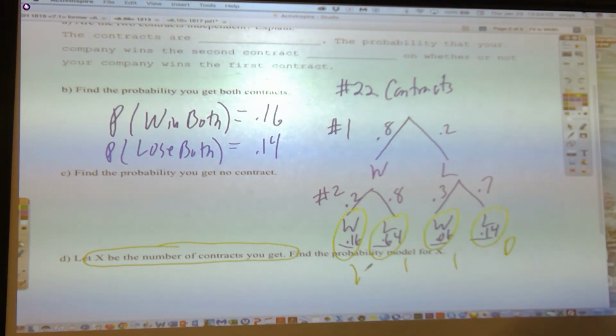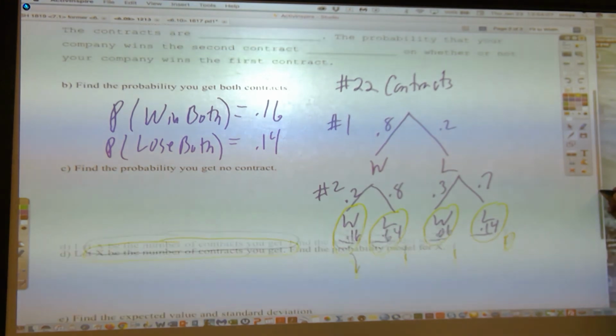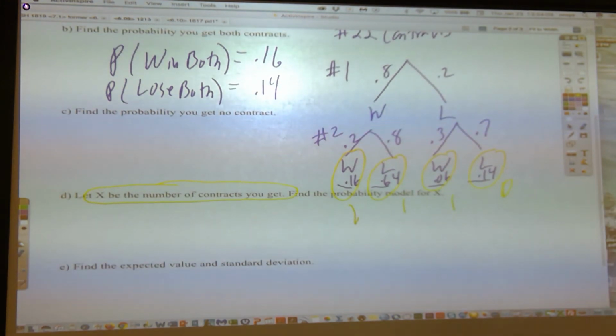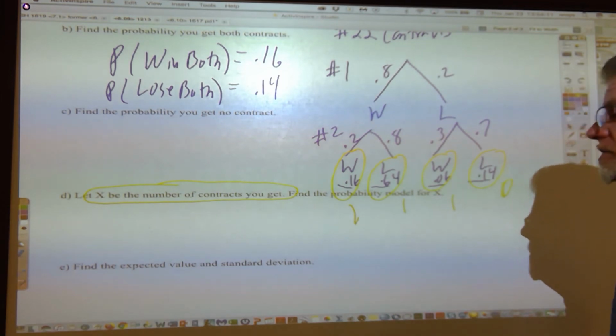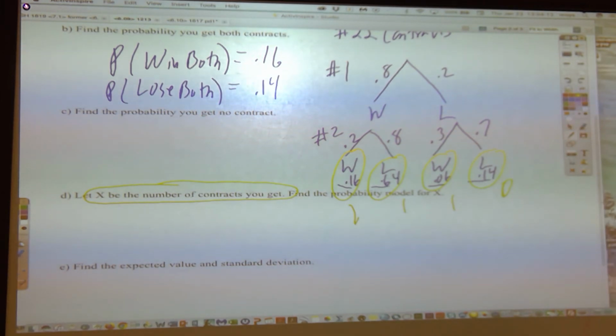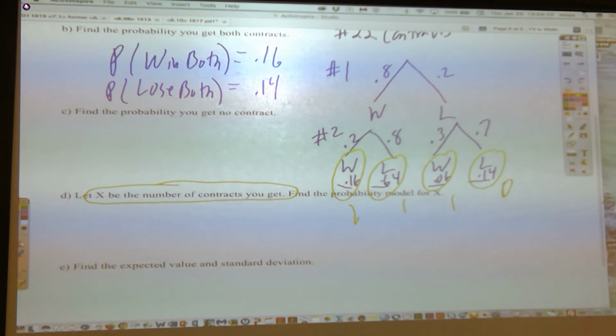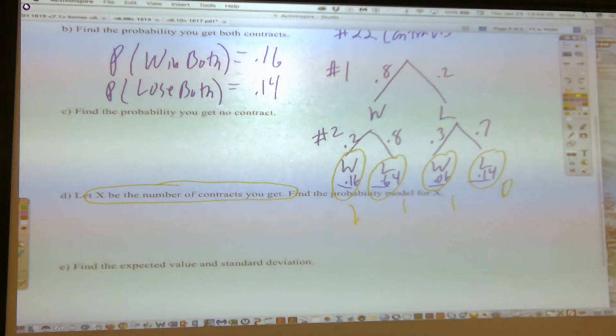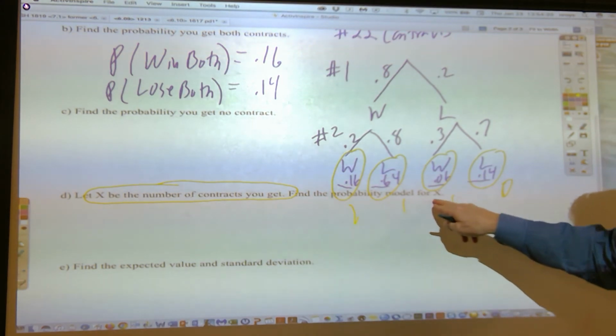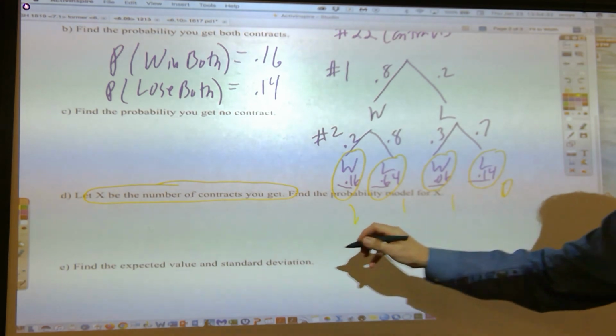Go ahead and set up a probability distribution table to find the probability model for X and both the expected number of contracts and the standard deviation of the number of contracts. So please do those on your own. First, the probability model is the chart.